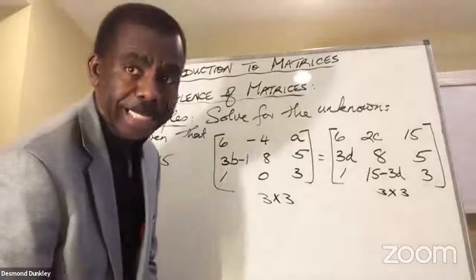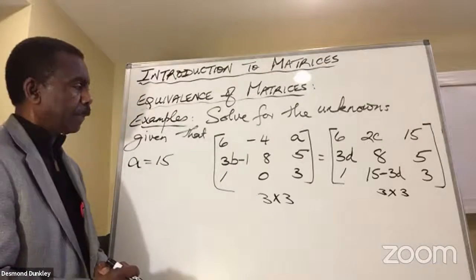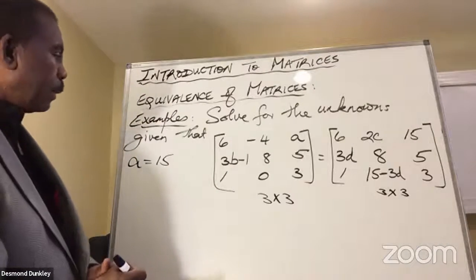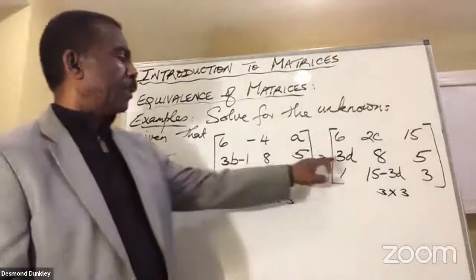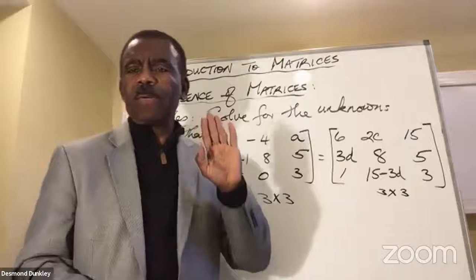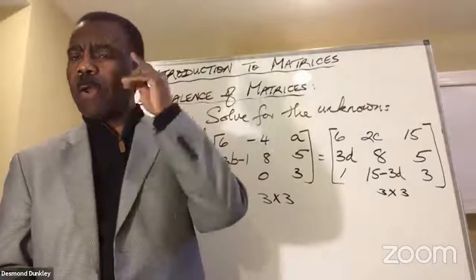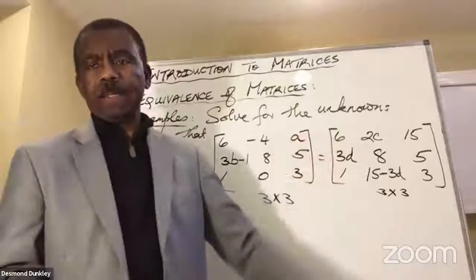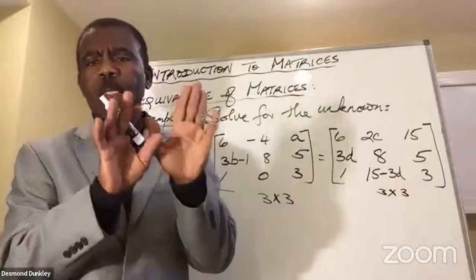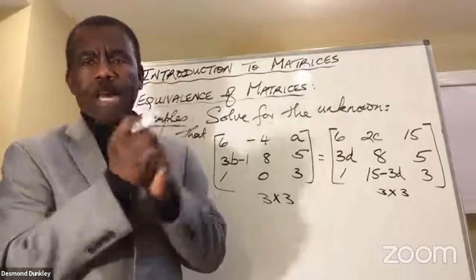No big deal. Let's go to B. 3B minus 1 is equal to 3D. Uh-oh. That means we have 2 unknowns, B and D. So maybe we need to hold off on that particular equation right there.